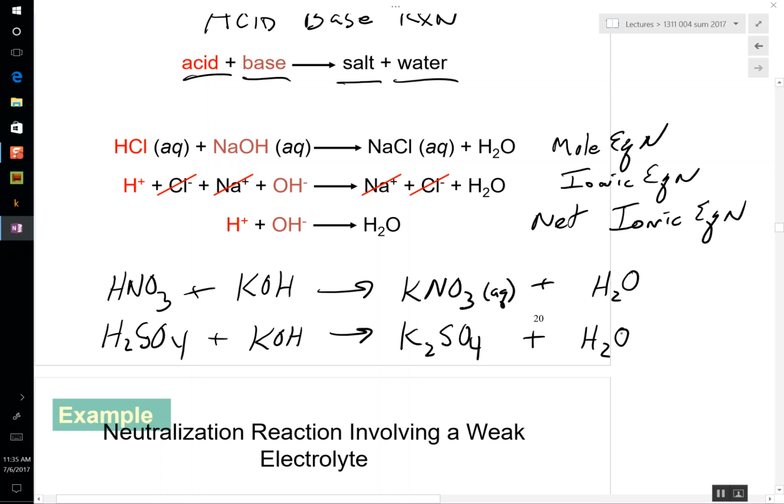Is it balanced? Not balanced. We got 2 potassiums. If I go too fast, I say go ahead and balance that, and then I do it.